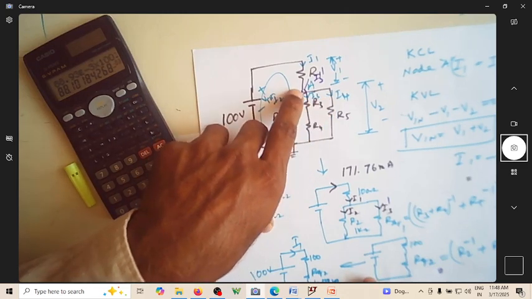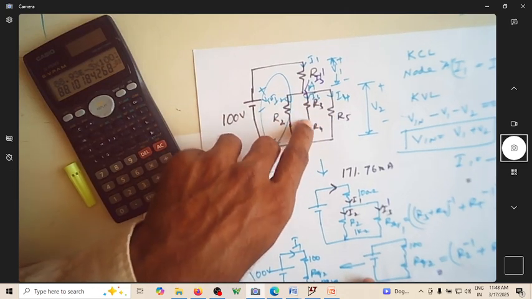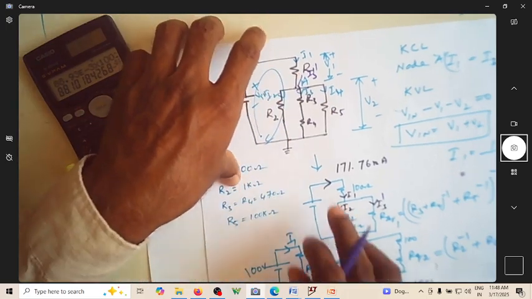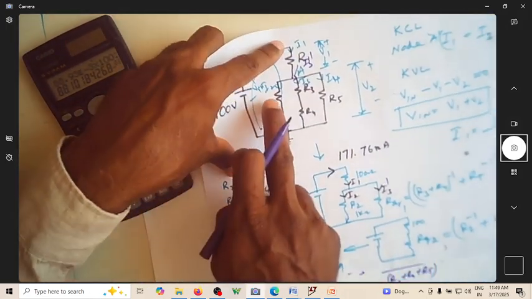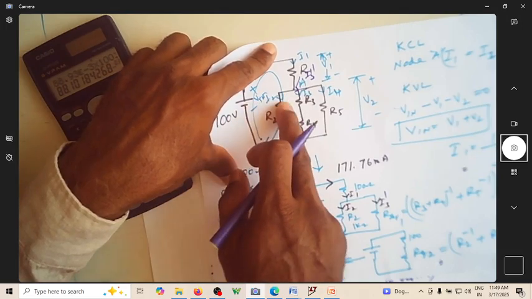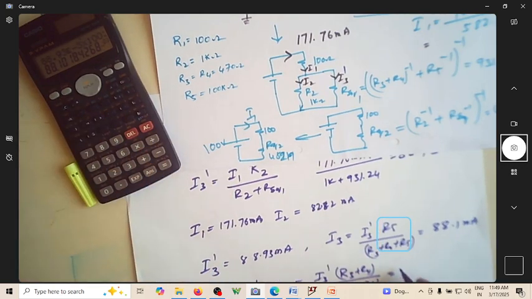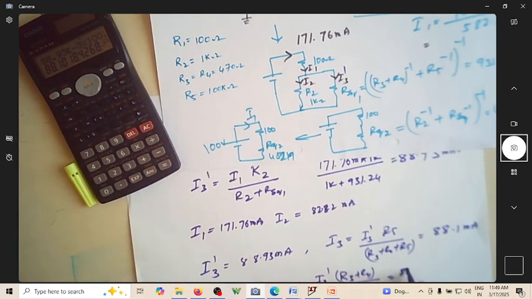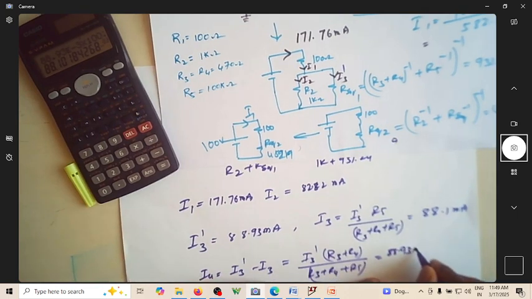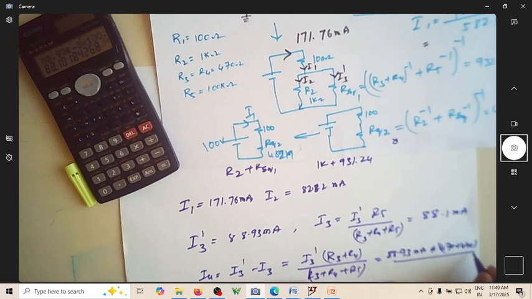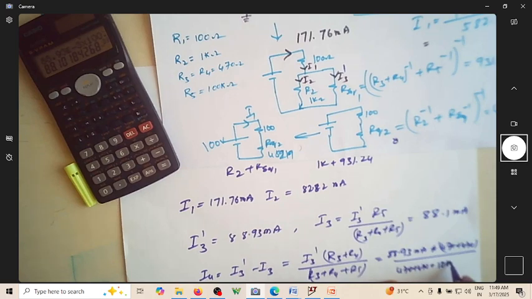To find I4, it is I3 dash into the resistance of these two in series, 470 plus 470, divided by the sum of all three ways. We are not considering R2 now, because we already know the current flowing through it. So it is 88.93 milliampere into 470 plus 470 divided by 470 plus 470 plus 100k.